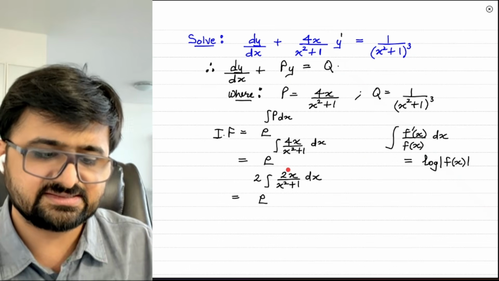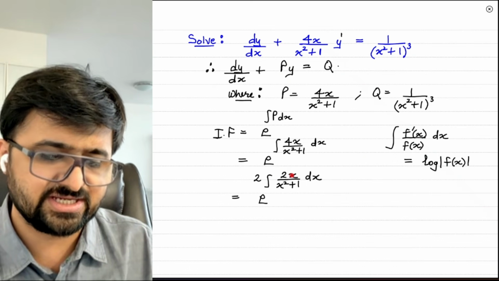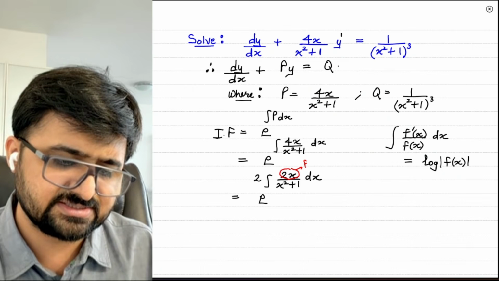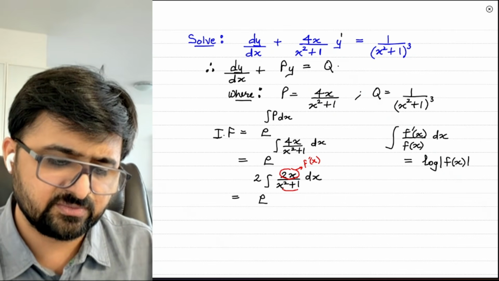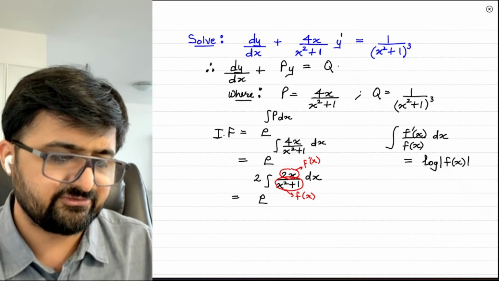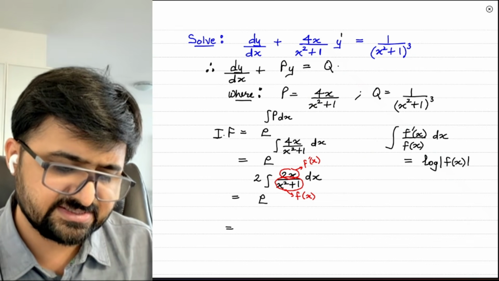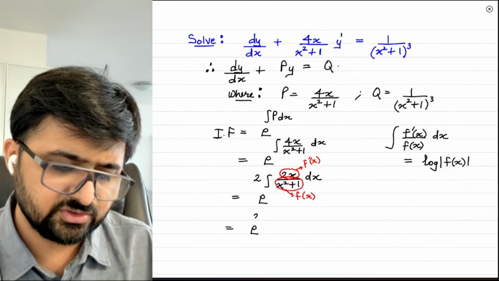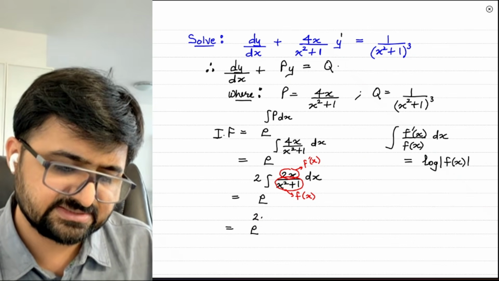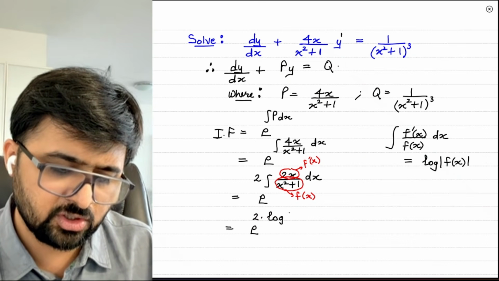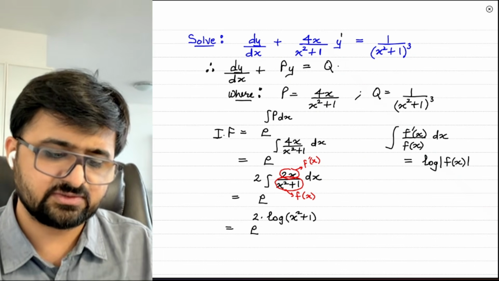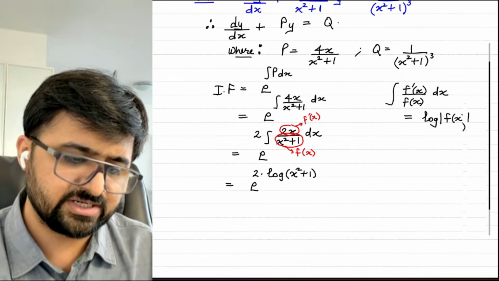Now, if you notice, this is exactly f dash x over fx, because the numerator becomes f dash x and the denominator becomes fx. So immediately you can say this is e to the power 2 times f dash x upon fx, and the result is log mod fx. So this is 2 times log of x square plus 1. I hope that makes sense.